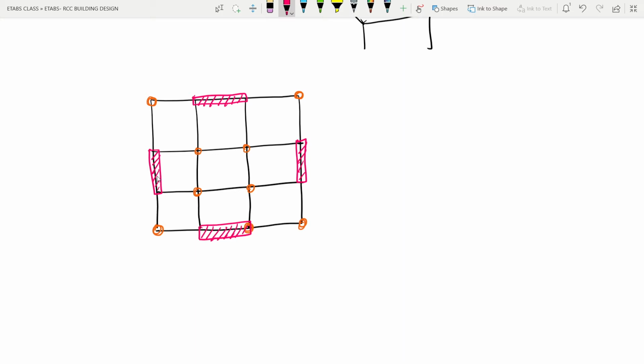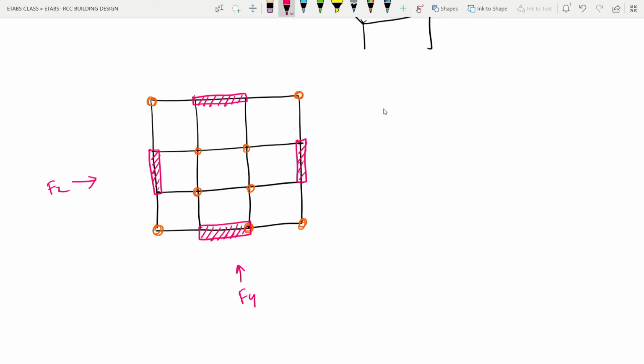So suppose to resist the force from the x direction and the force from the y direction, we have provided these shear walls. Now, what is the problem with this kind of arrangement?